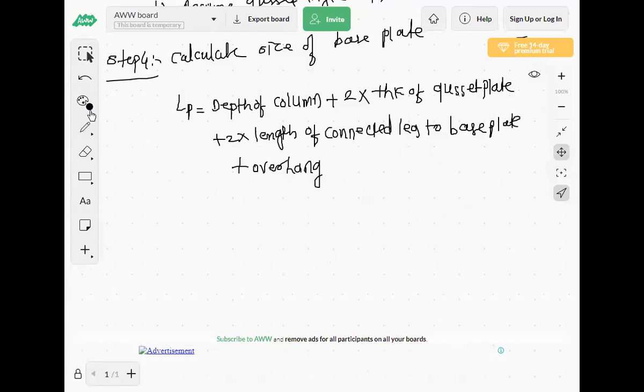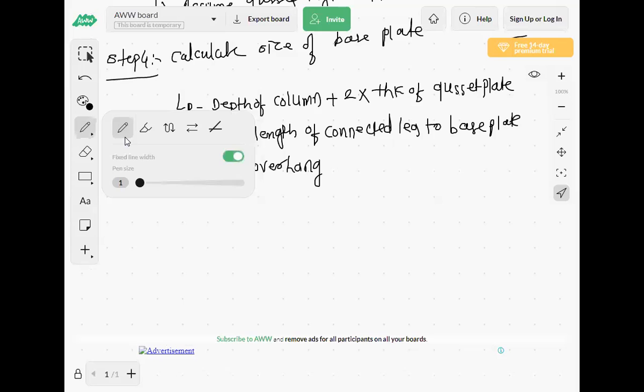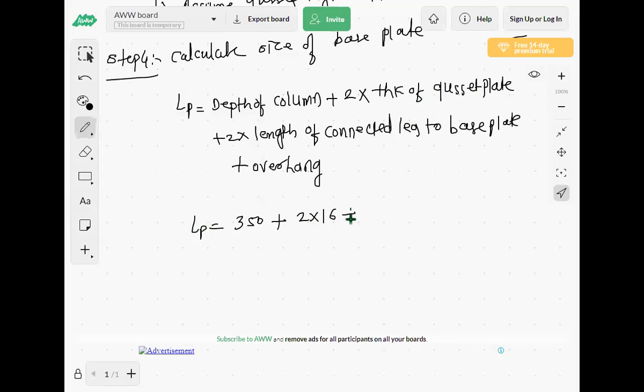So now length of plate we will calculate. Length of plate is equal to depth of column, 350, plus 2 into thickness of gusset plate. We have used the thickness of gusset plate 16 mm. So 2 into 16 plus 2 into length of connected leg to the base plate.